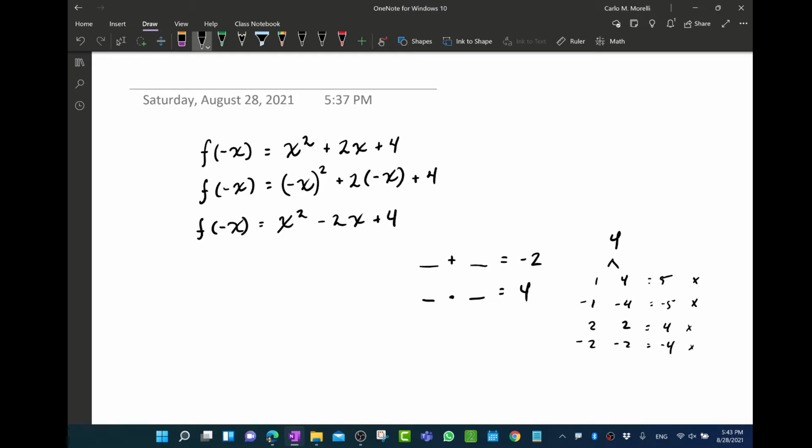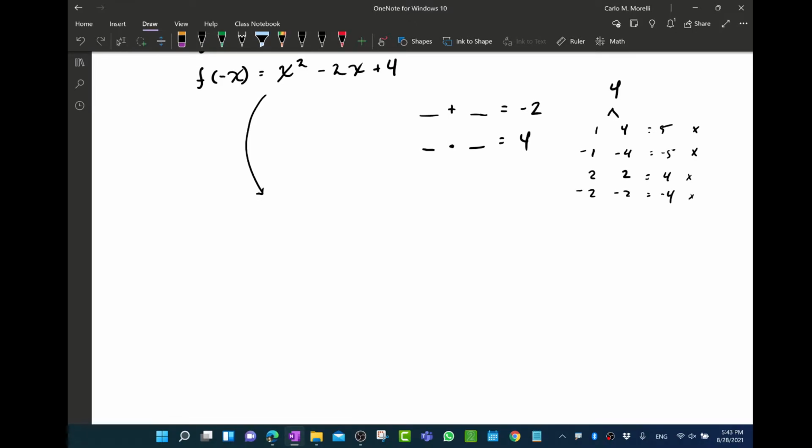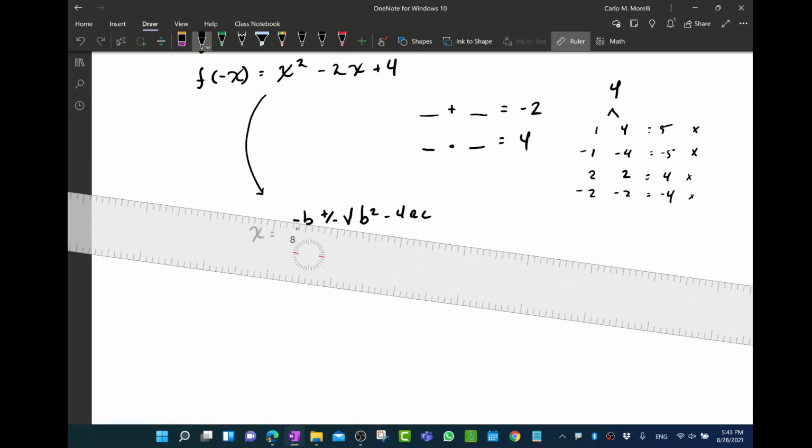So there are definitely two solutions, but we don't know if they're real or complex, but we are going to move on to using the quadratic formula, which is x equals negative b plus or minus the square root of b squared minus 4ac. Okay, and I'll get the ruler out to put the top on that.